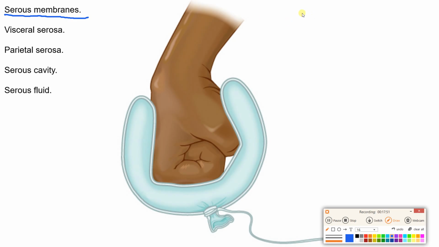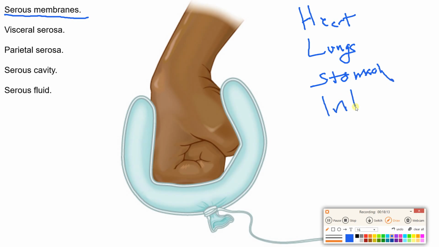A lot of organs in my ventral body cavity are going to be associated with serous membranes. One such organ is the heart. The heart is going to be associated with serous membranes, as are the lungs, as is the stomach, as are the intestines.